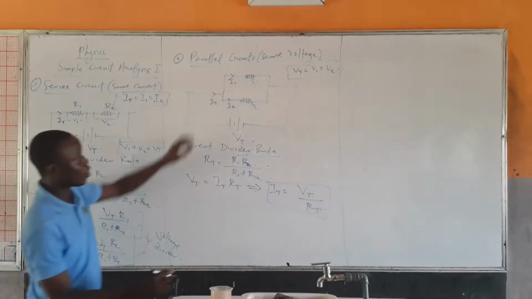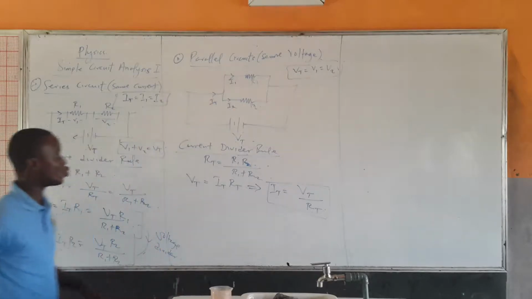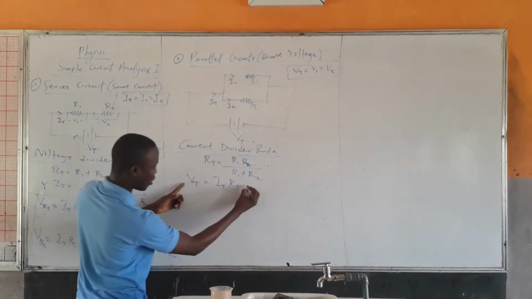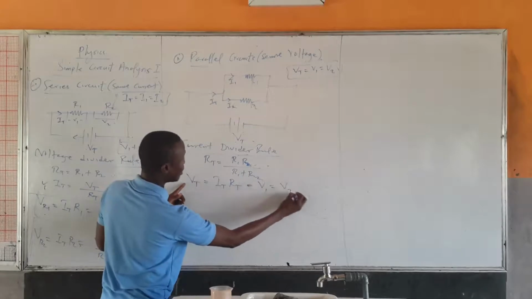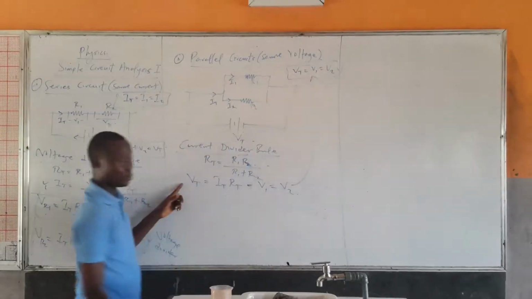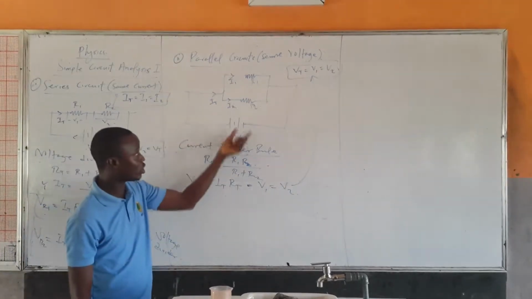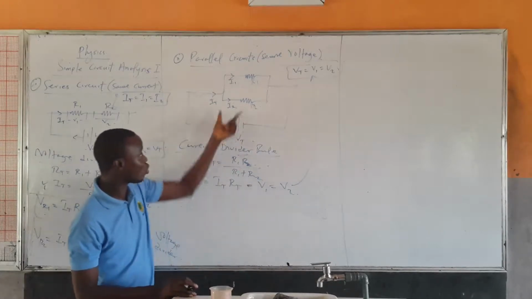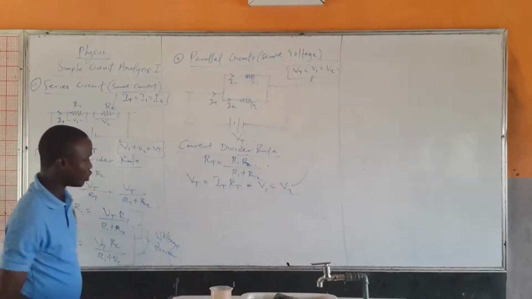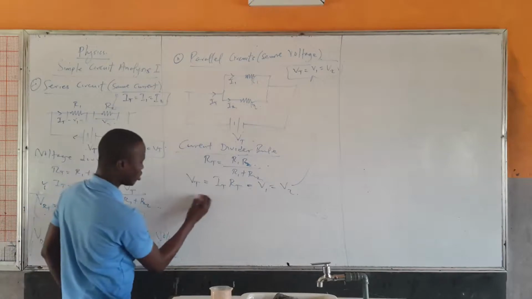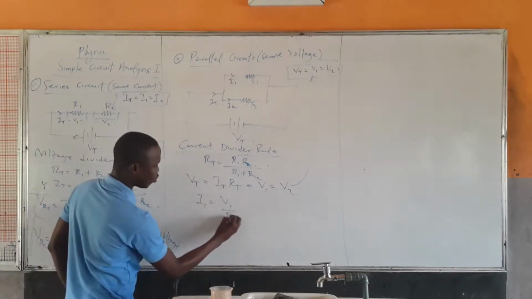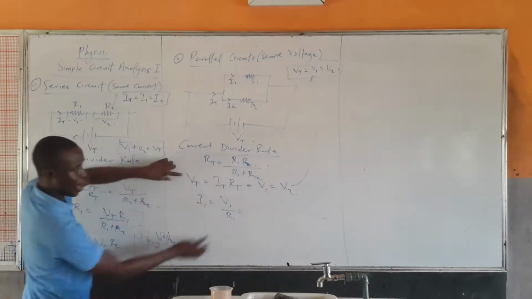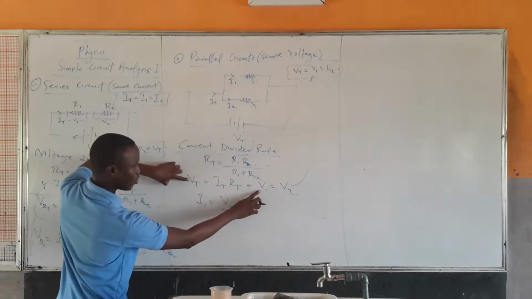Okay, so this I total divides into 2. Pause. The V total is the same thing as the V1 and the same thing as the V2. Don't forget, I said that from here. The V total, the total voltage, is the same thing as the voltage drop across the V1 and the voltage drop across the V2. So can I find the I1? I1, don't forget, is V1 over R1. So what is I1? What's my V1?